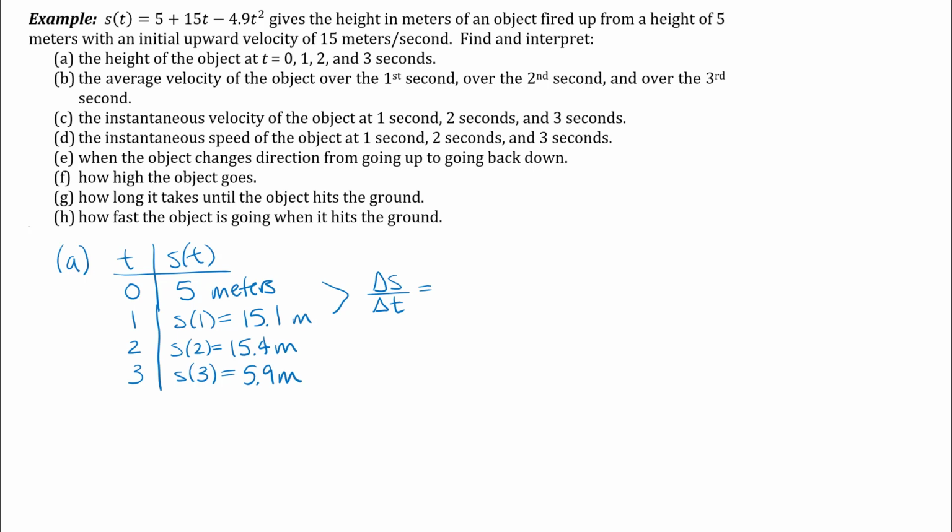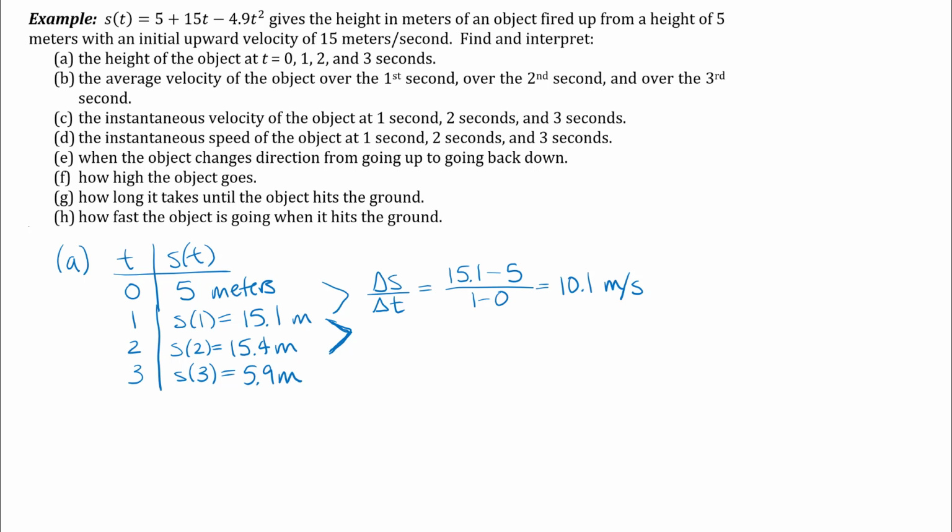Our final position at t equals 1 is 15.1 minus our initial position at t equals 0, which was 5, and then subtracting the t values, 1 minus 0. So we get 10.1, and that's a rate of change, so that would be in meters per second.